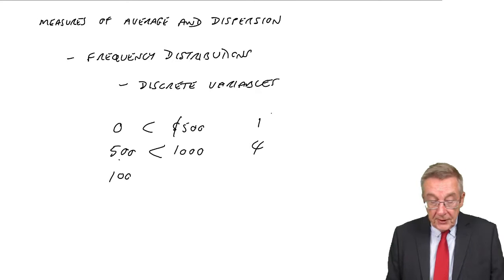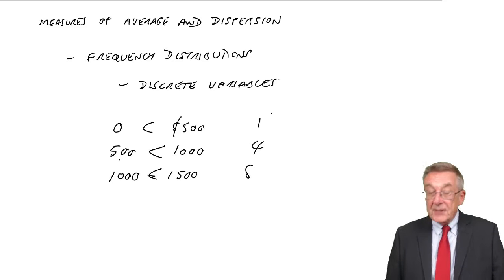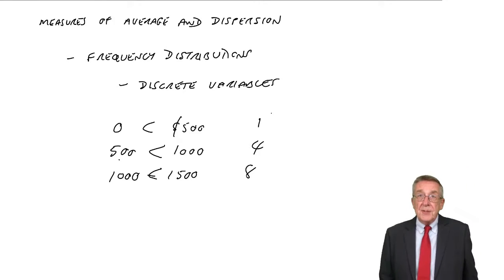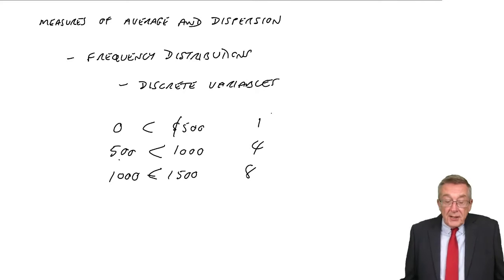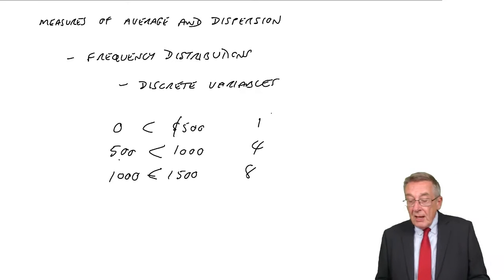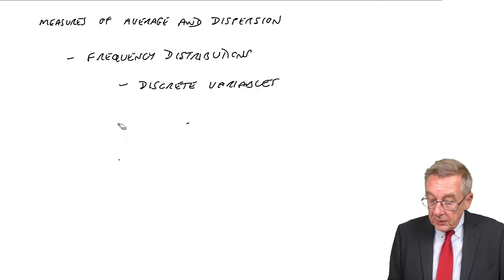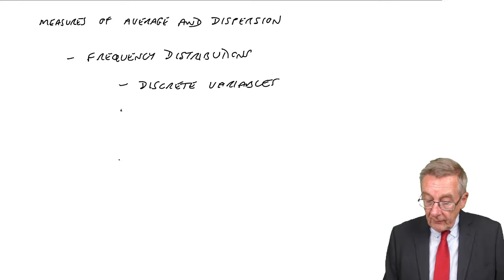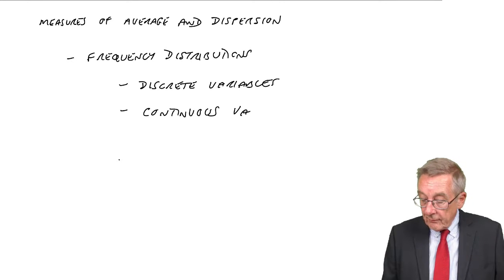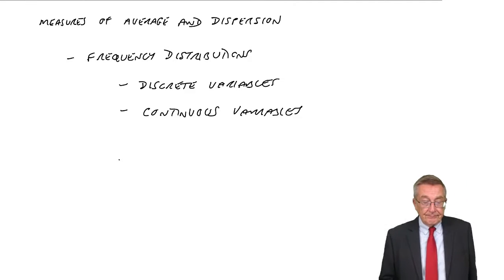It was in the range 1,000 to strictly under 1,500 8 times, and so on. I've split them into groups. I haven't got as much precise detail, but I probably don't need it, and it's much more manageable. When we've got that, we say we've got continuous variables. It just makes it more manageable, split into groups.